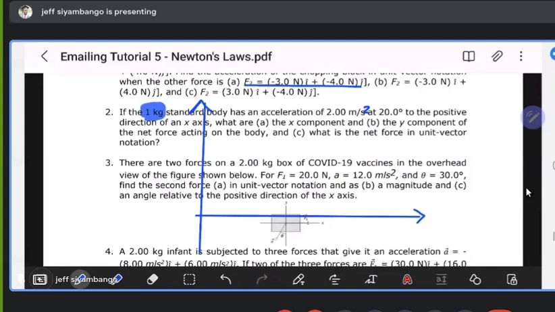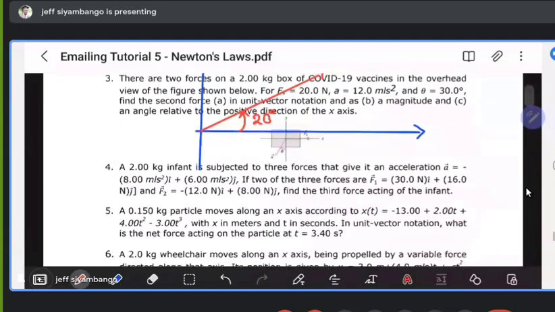So this acceleration is at an angle of 20 degrees from the positive x-axis. So the angle here is 20 degrees. Now, what are the x and y components of the net force acting on the body? Well, what do we know?